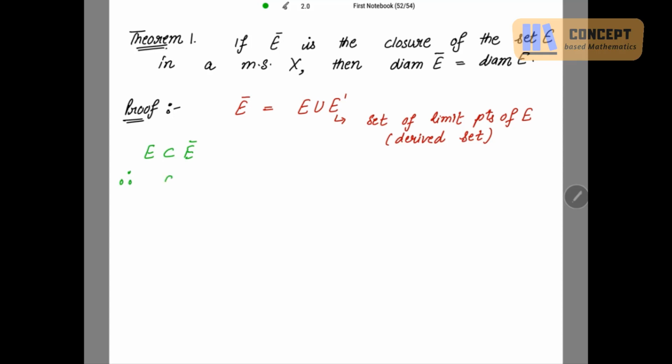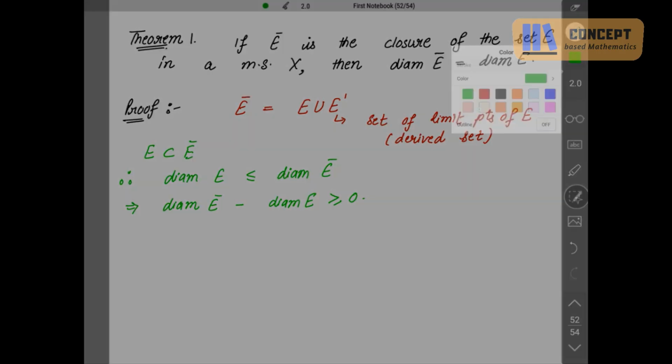Therefore, the diameter of E is less than or equal to the diameter of E bar. Clear? Right. Which implies, taking this to the other side, the diameter of E bar minus the diameter of E is greater than or equal to 0. Clear? Take this as 1.